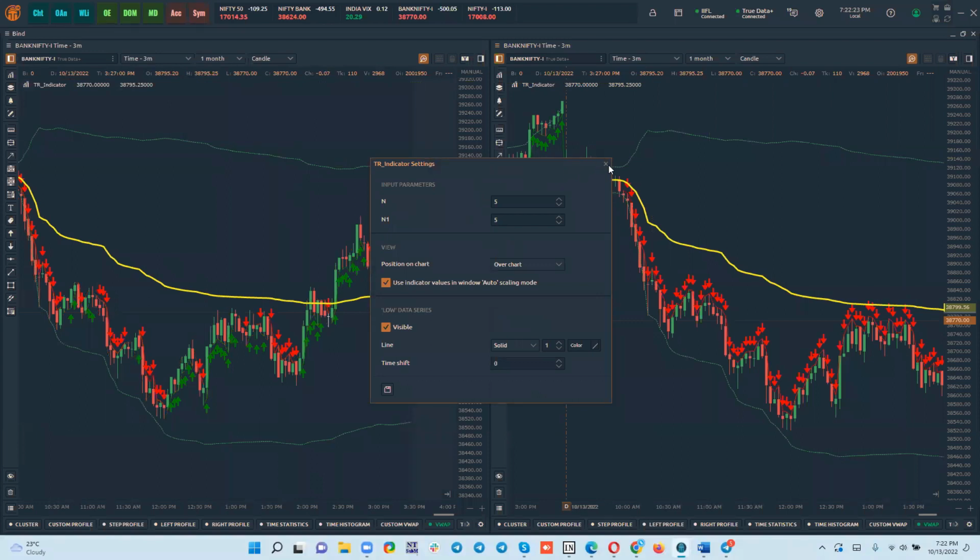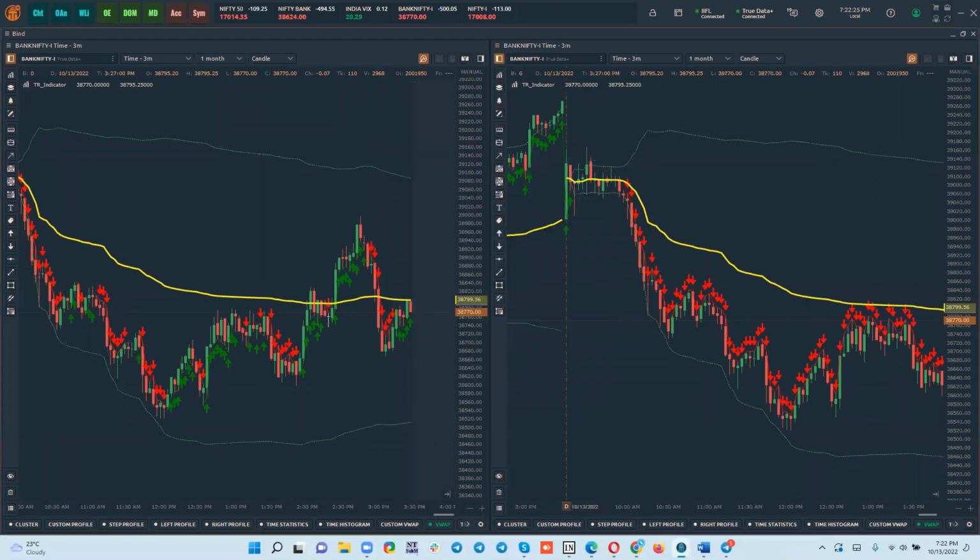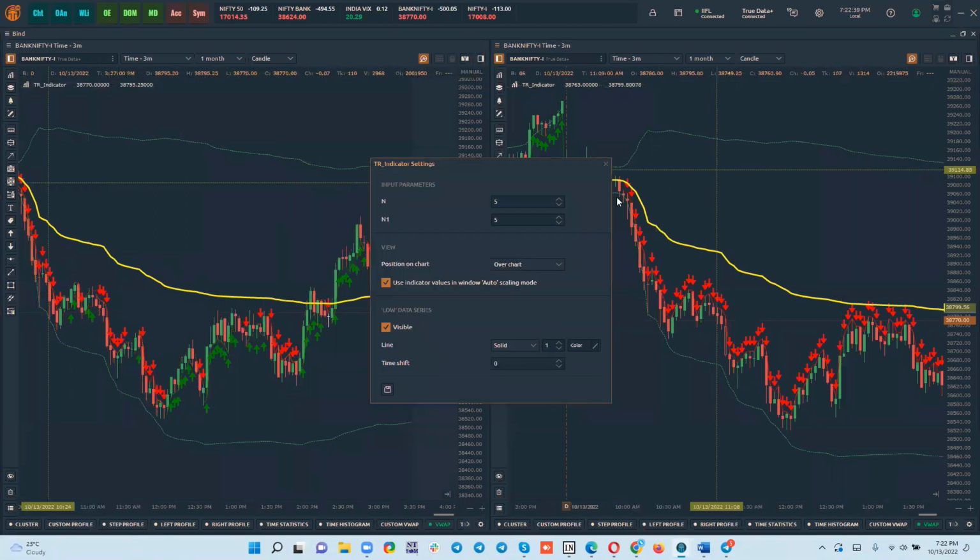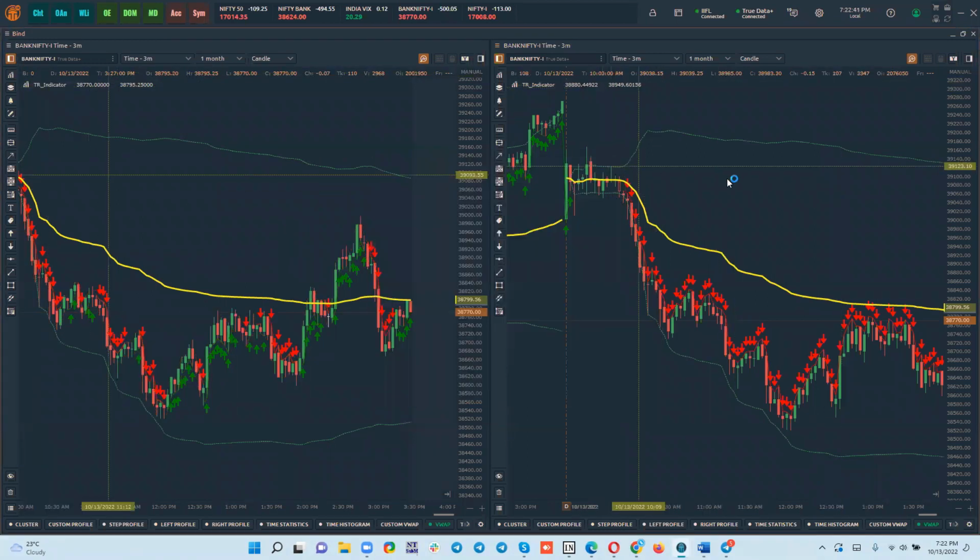Now, the same thing you can also do for positional trades. While using positional trades, you can use hourly chart or daily chart. In this hourly chart and daily chart, you can use the parameter as 20. I will share the document with all the parameters that you can use in this particular case.